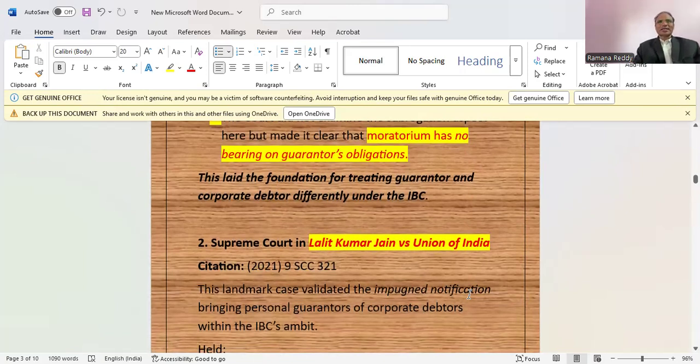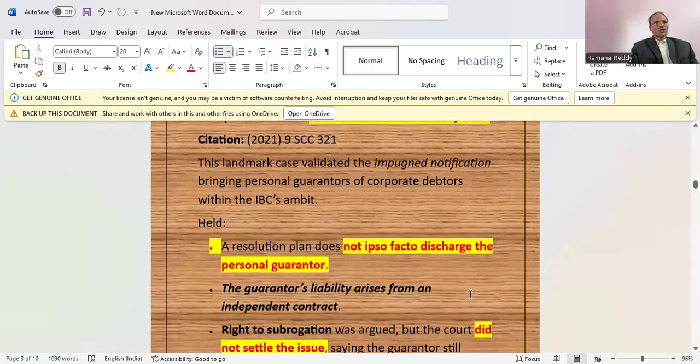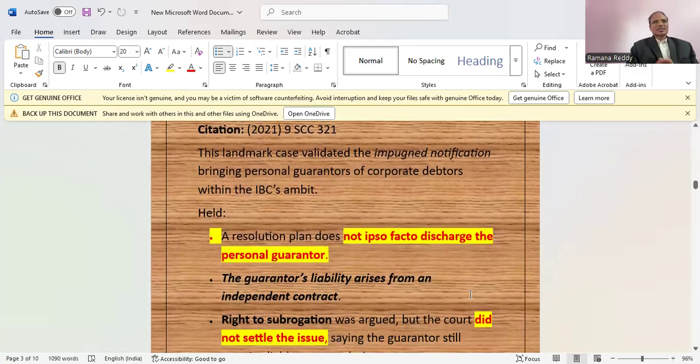Another case, Lalit Kumar Jain versus Union of India. This landmark case validated the notification bringing personal guarantors of corporate debtors within the IBC ambit. The Supreme Court held that a resolution plan does not ipso facto discharge the personal guarantor.